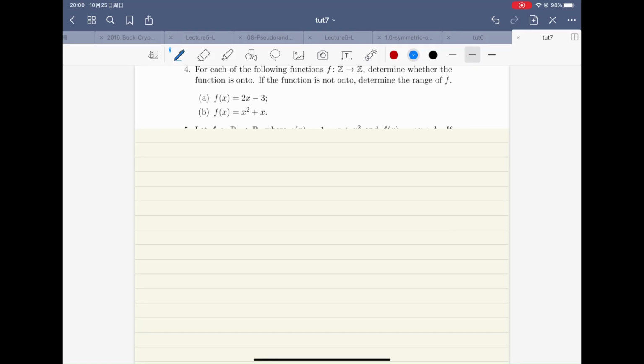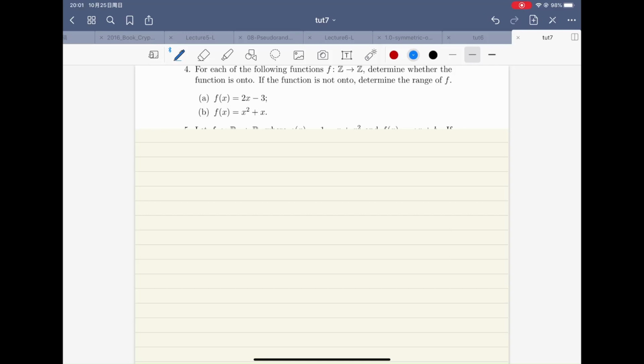Question 4. For each of the following functions f that maps from the integers to the integers, determine whether the function is onto. If the function is not onto, determine the range of y. By the definition of onto, for any value in the range, you can find a value in the domain that maps to the value in the range.